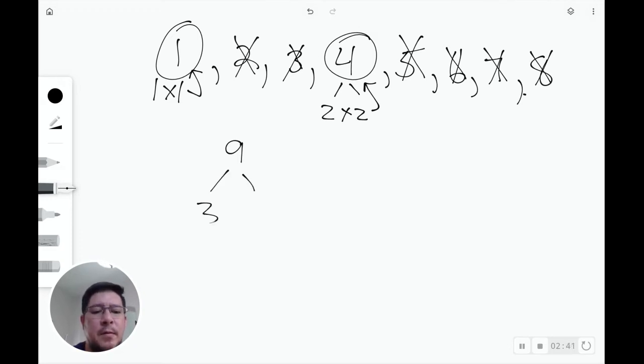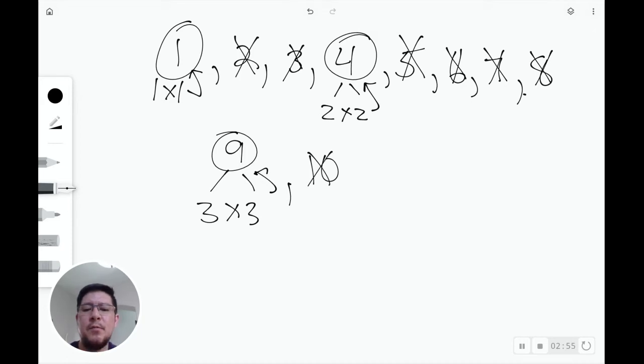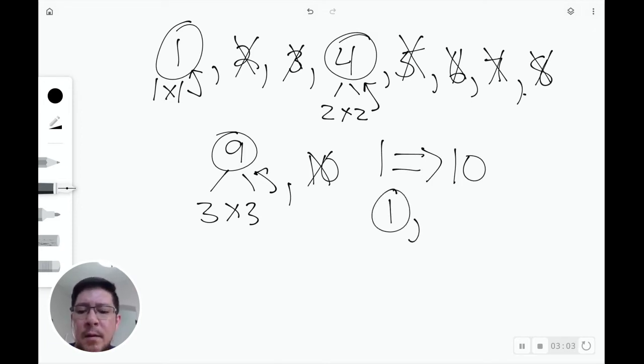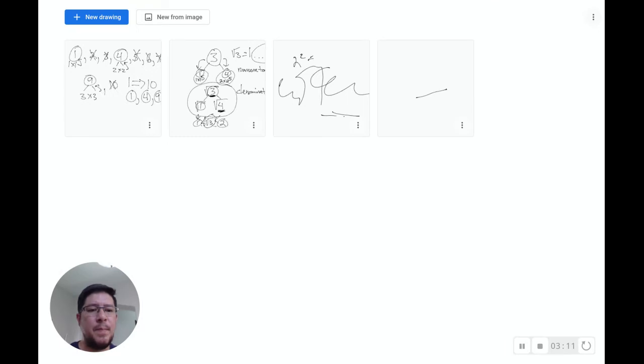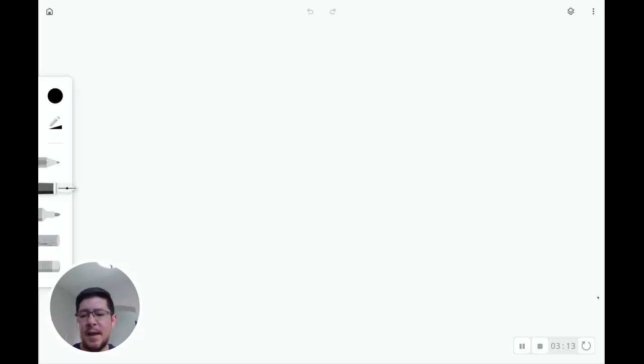Correction, not 3 times 9. 3 times 3 gives me 9. So I know that 9 is a perfect square. What about 10? Nope, not 10 either. So in other words, between the numbers 1 and 10, there are 3 perfect squares: 1, 4, and 9.